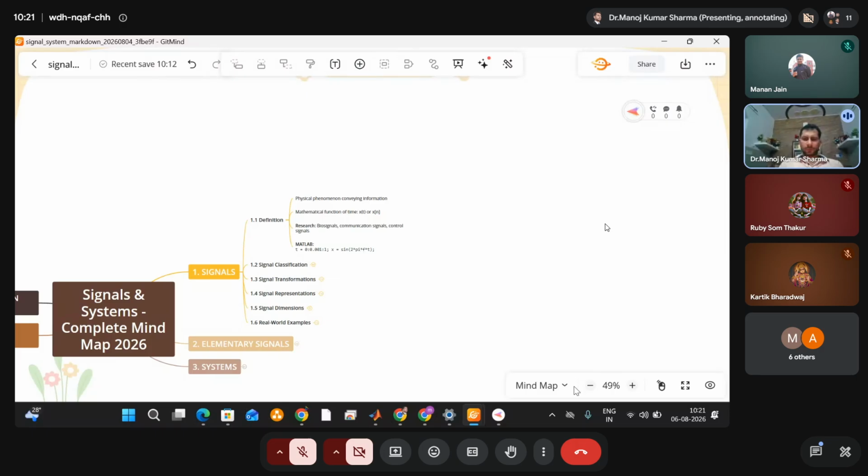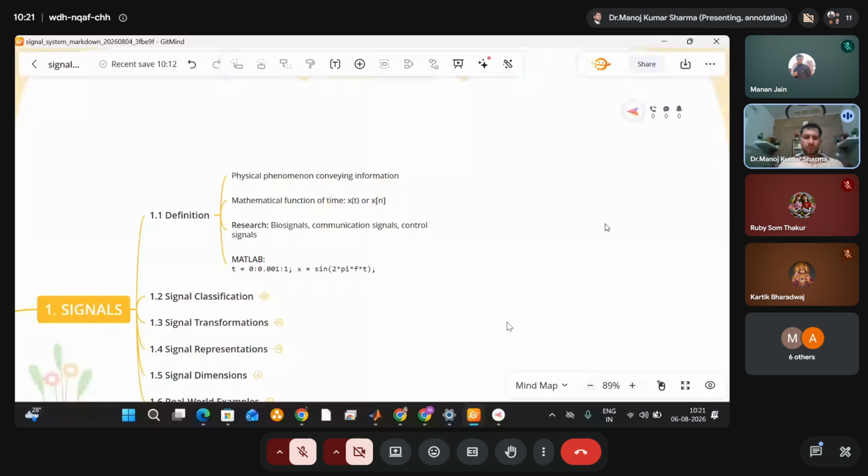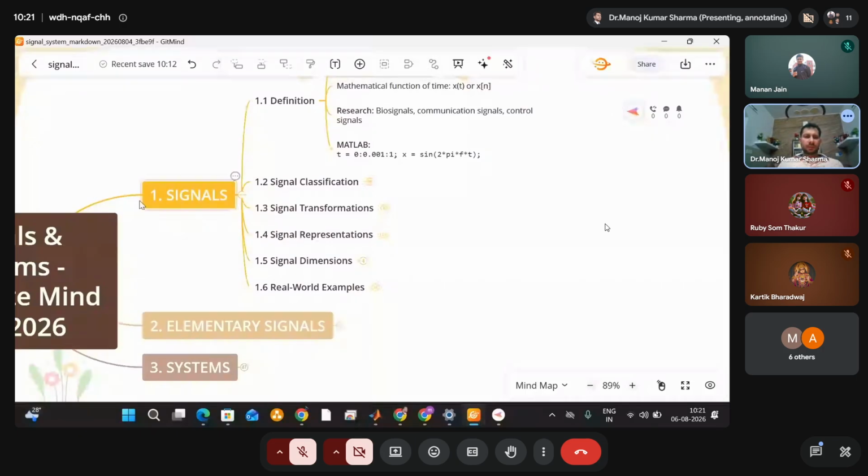Now we move towards the next topic, signal classification. In the exam, you can have one question from this, that is, classify the signals.